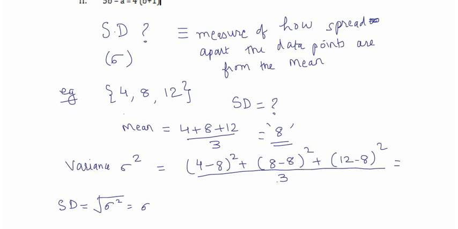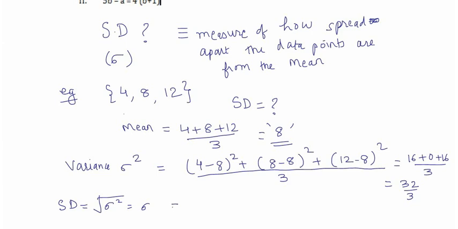The mean is 8. So this gives me 4 minus 8 is minus 4 square, which is 16, plus 0 plus 16 by 3, which is 32 by 3.